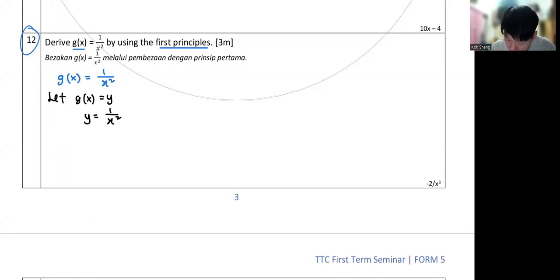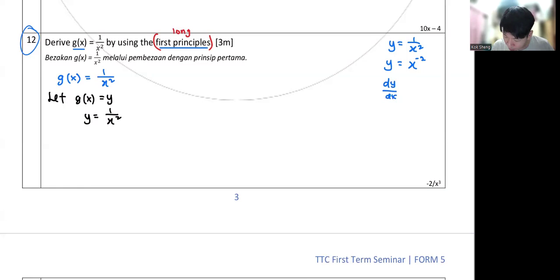So as you know, just now the first principle, I say it's a long method, right? It's a long step to find dy over dx. So of course we have the shorter way. If we go for the shorter way, we can check the final answer later. I do it over here. y equals 1 over x squared. We now go for the shorter way. The x squared needs to be brought up here. Okay, and now we can start the differentiation.